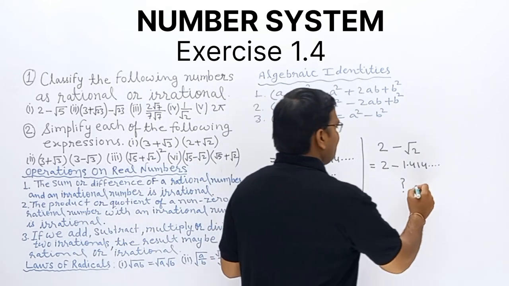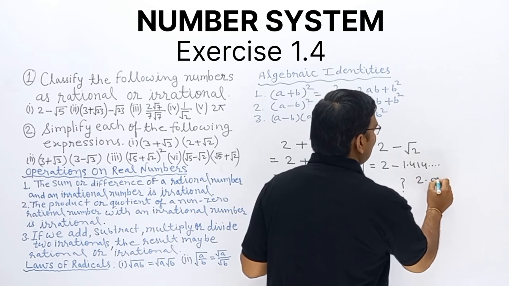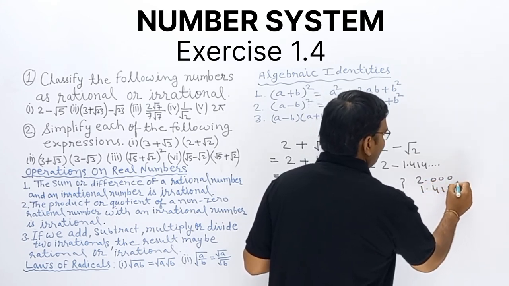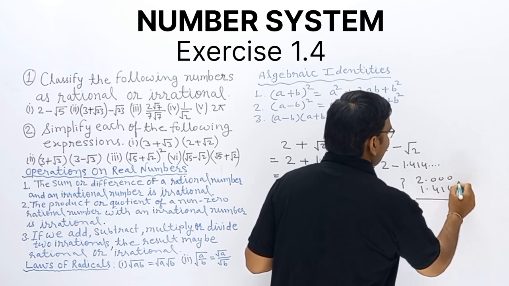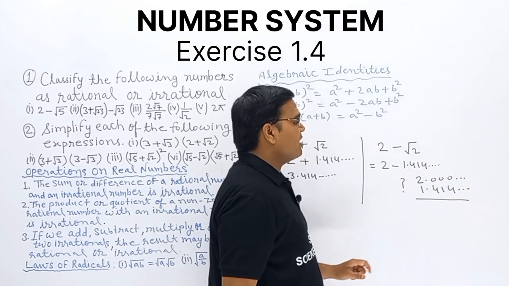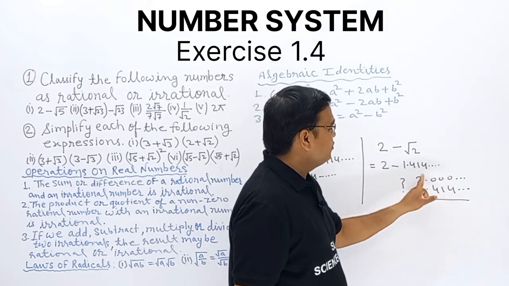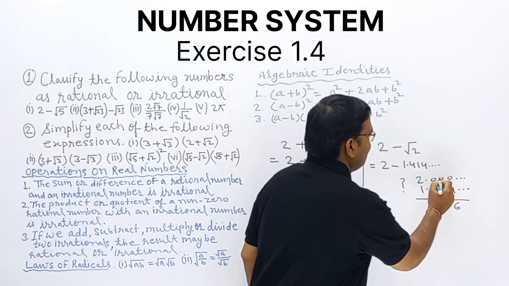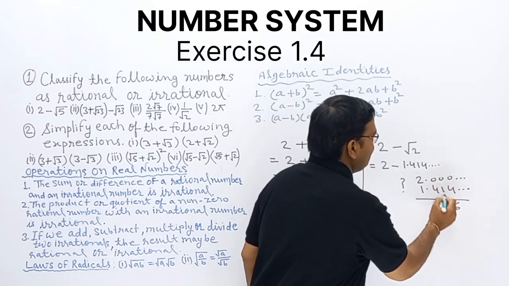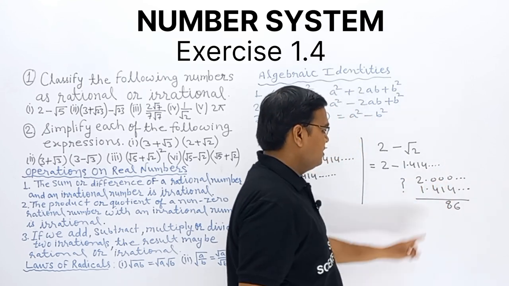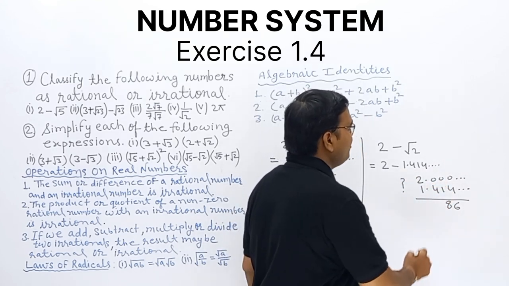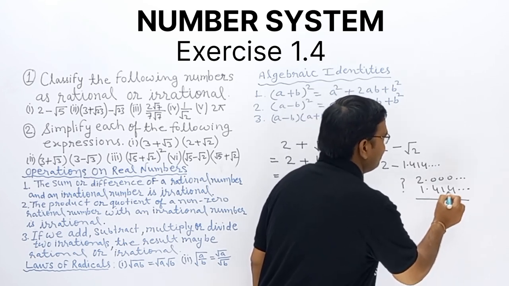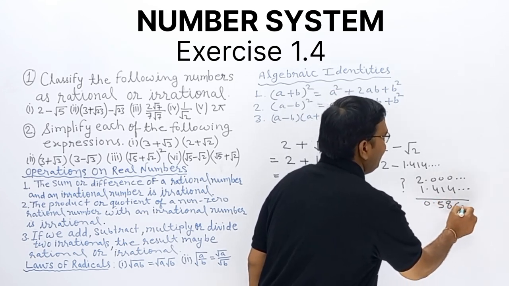Once we subtract, we can write 2.000 minus 1.414, taking just three digits after the point. Borrowing 1, 10 minus 4 is 6, 9 minus 1 is 8, 9 minus 4 is 5, and so on.